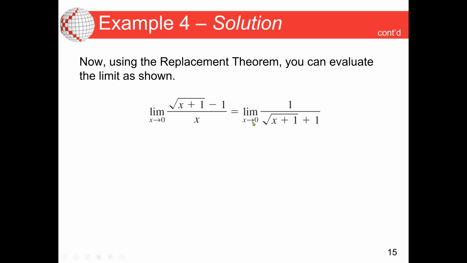So the best way to solve it is to, again, simplify the expression first. And this is what we get. Now, if we substitute 0, we get one half, because the square root of 0 plus 1, plus 1. So we get the square root of 1 is 1. So we get one half. So our answer will be again one half.